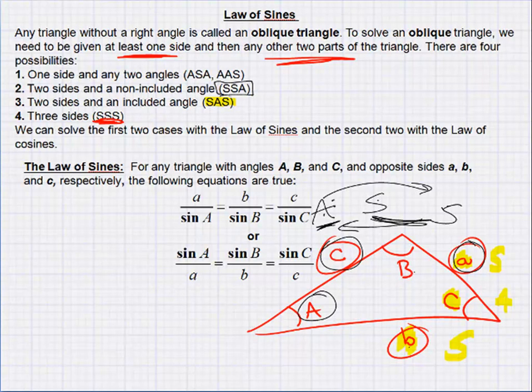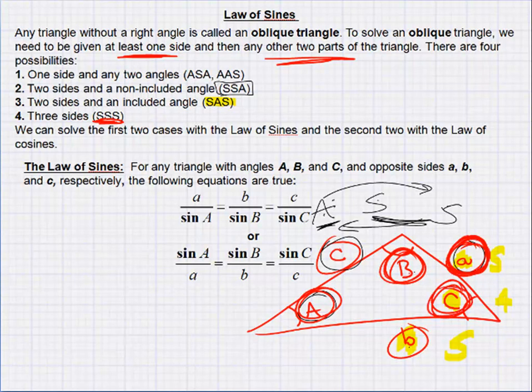And then another possibility, this is starting to get kind of messy, but let's try one more. You're given this side, and say two other angles. So it would be angle, angle, side. Or we could do angle, side, angle, with this angle, this side, this angle.